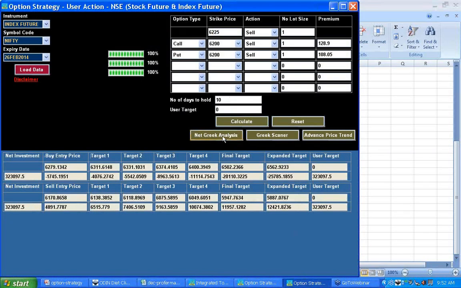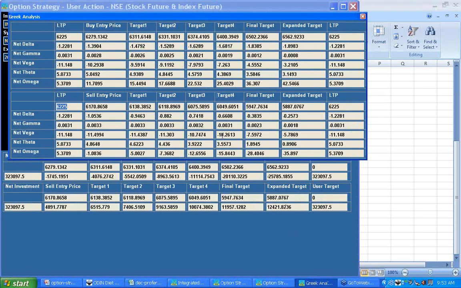For that, let us go for the net Greek analysis. Only one factor is sitting here: at 6225 level, my net delta is minus 1.2281. And if I look into the Vega factor, in the downward cycle I am making the profits.